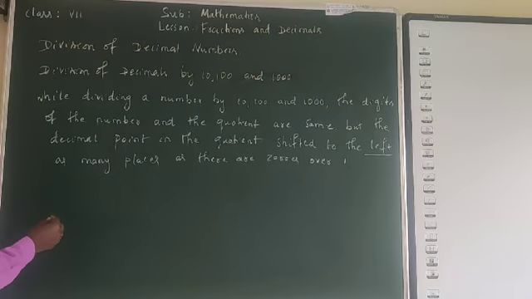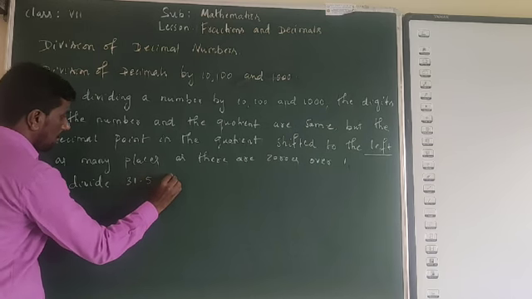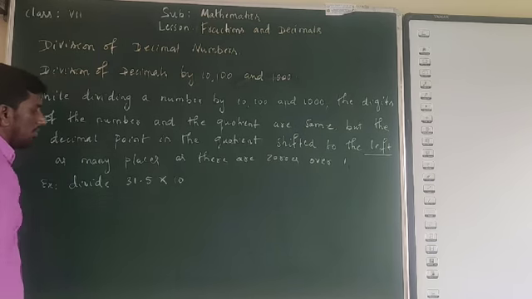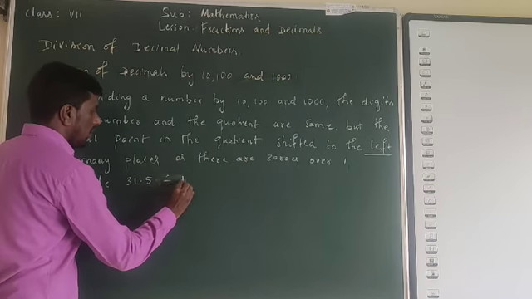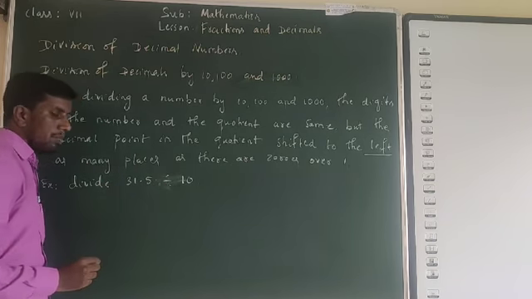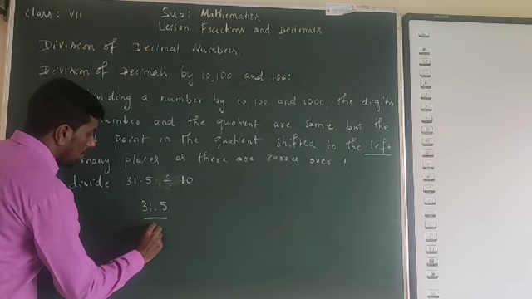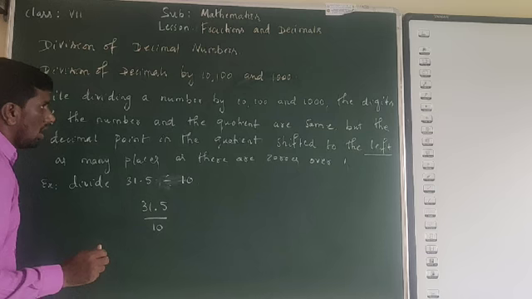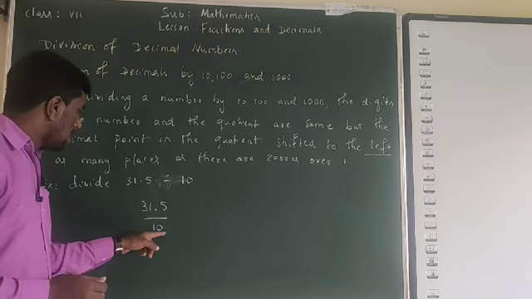We'll take an example for this. Divide 31.5 by 10. I'm sorry, this is division: 31.5 divided by 10.